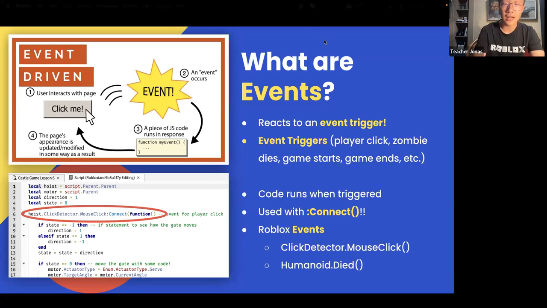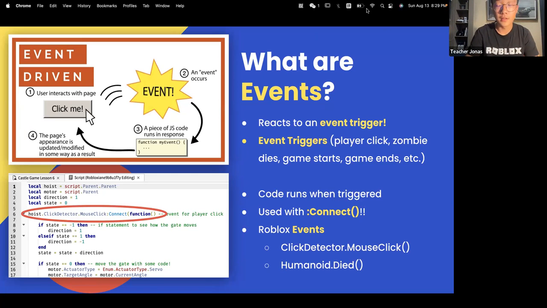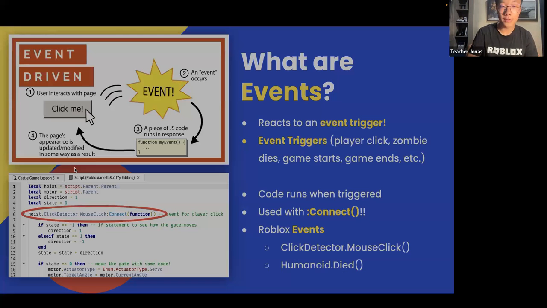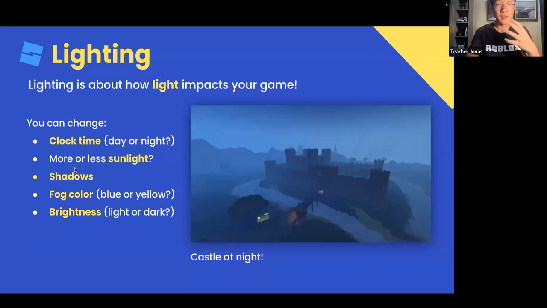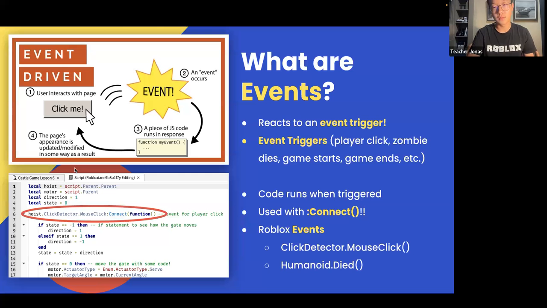So if you have any questions, you can ask, but I'm pretty sure this is not difficult because it's not a hard concept, okay? So remember that events basically are things that make the code run.